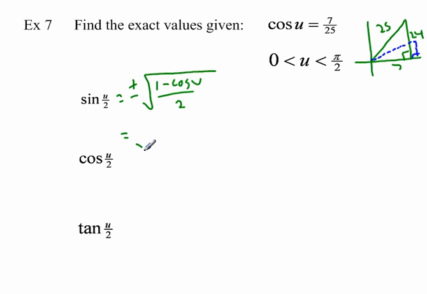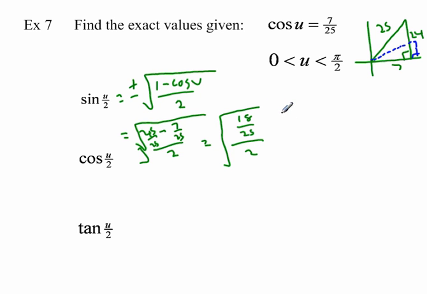So that gives us the square root of (1 minus 7/25) over 2, which is equal to, if I think of this as 25 over 25, get a common denominator there, that gives me (18/25) over 2.